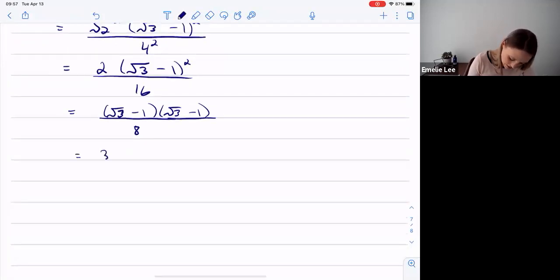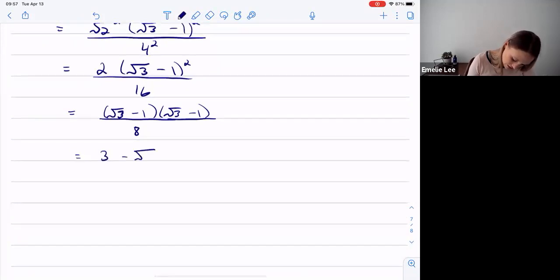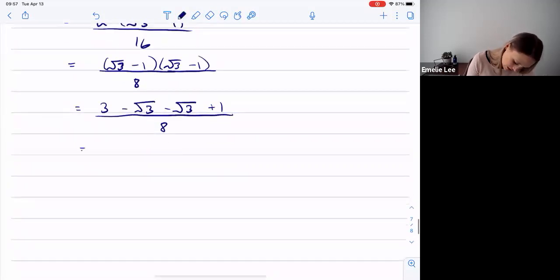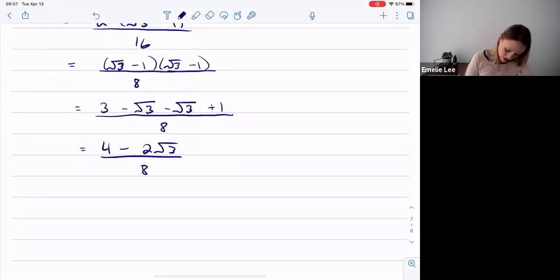√3 times √3 makes 3. √3 times -1 makes -√3. -1 times √3 is -√3, plus 1, over 8. Not sure it's simplified as much as I hoped, but 3 plus 1 is 4, and then minus 2 √3. 4 minus 2 √3 over 8.